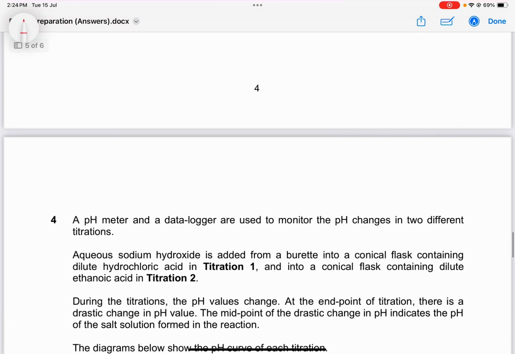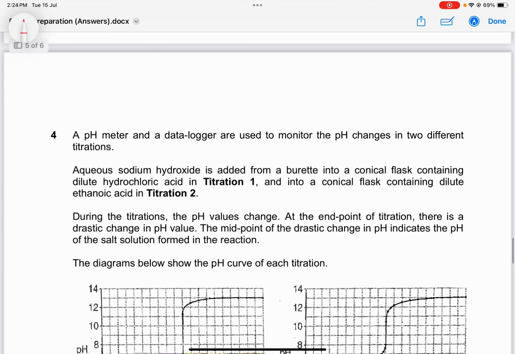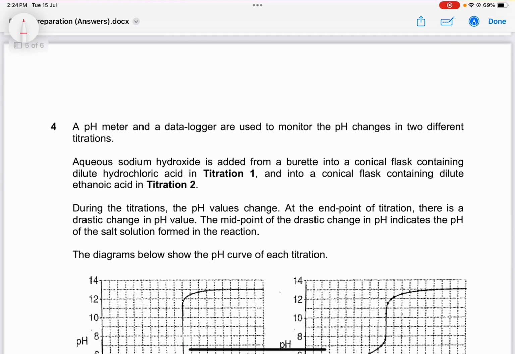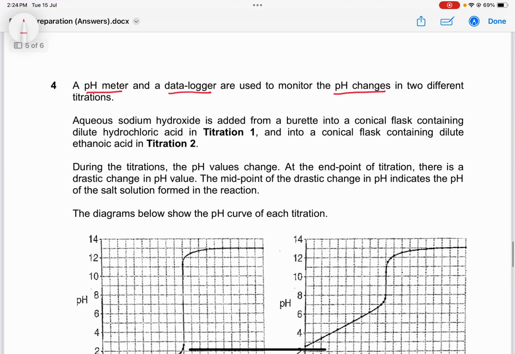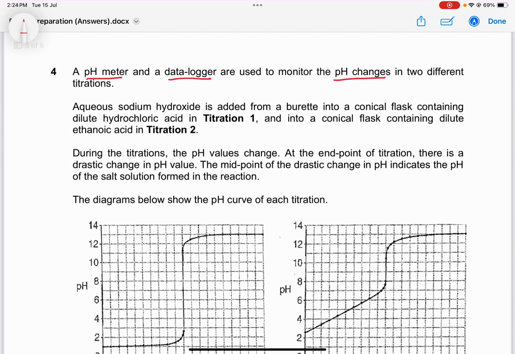Okay, next one. This one is a little bit more on the data portion of things. So let's read through. The pH meter and data logger is used to monitor the pH changes in 2 different titrations. So I have 2 different titrations, and I'm monitoring the pH change. Let's continue reading. Sodium hydroxide is added from a burette. So in the burette, I have my sodium hydroxide, which is alkali.